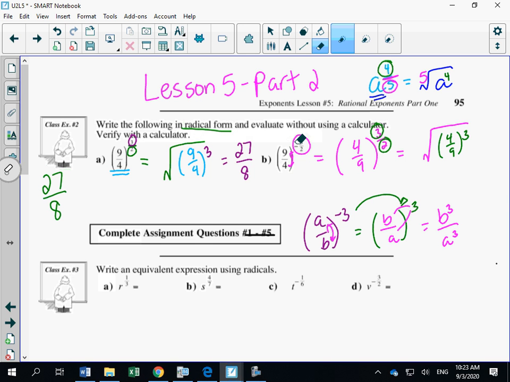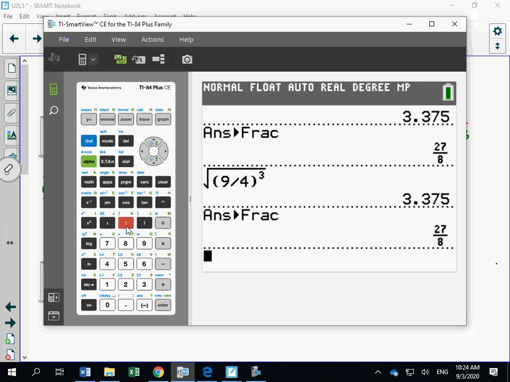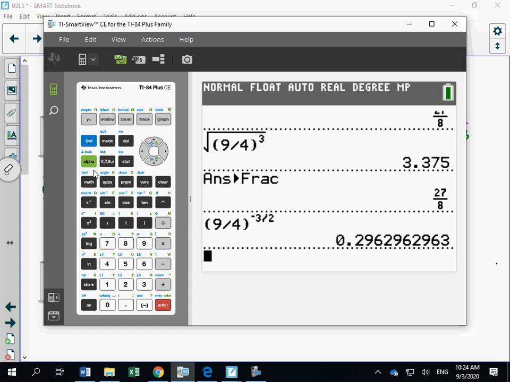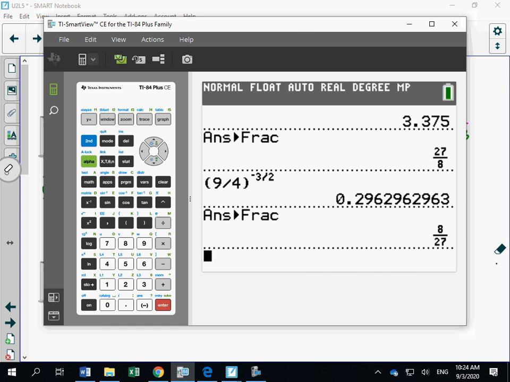So first, let's type in the original question to show you that you can type in negative fractional exponents. So let's type in 9/4 to the -3/2. So open bracket, 9 divided by 4, close that bracket to the power of -3 divided by 2. Math 1 fraction, and we get 8 over 27.